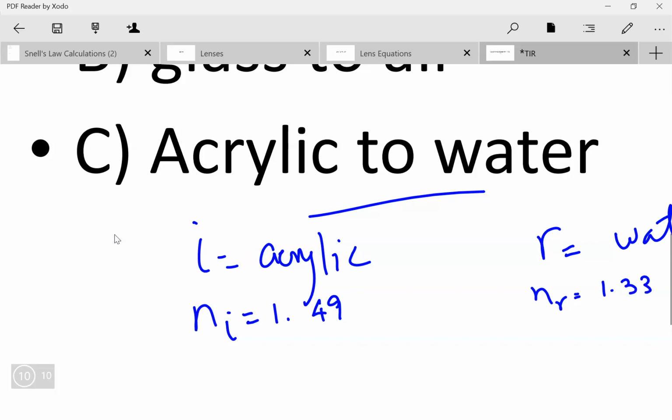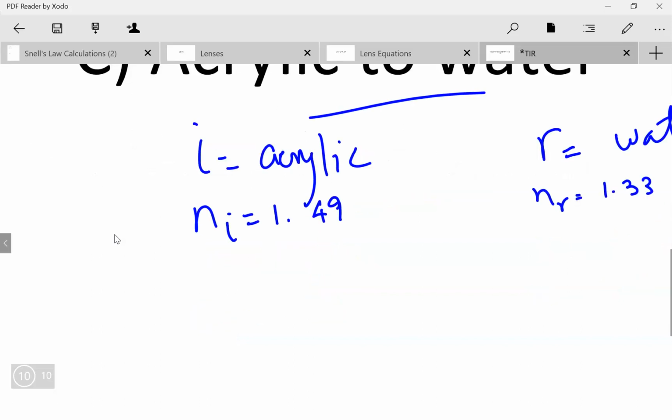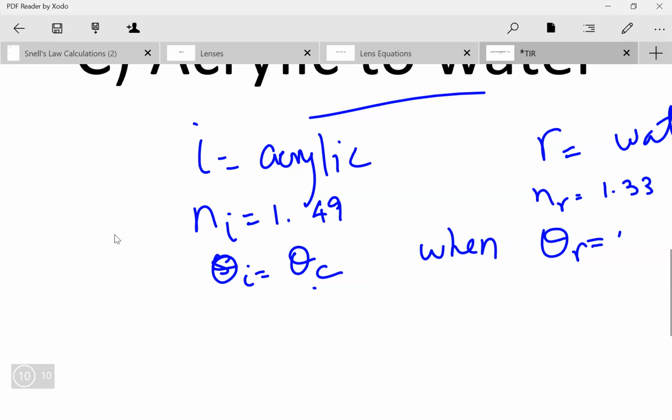Water we know is 1.33, and again here we bring in our critical angle piece. My angle of incidence is equal to my critical angle when my angle of refraction is 90 degrees. So instead of theta I, I'm going to write theta C. Instead of theta R, I'm going to put 90 degrees in.